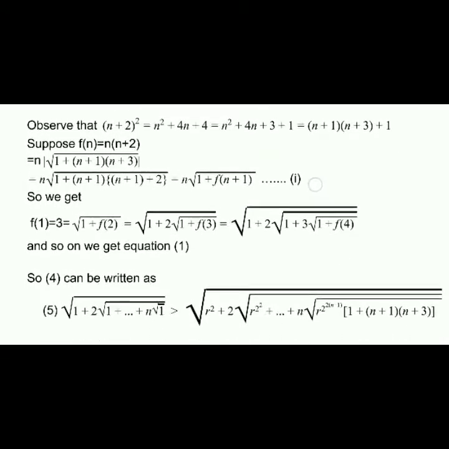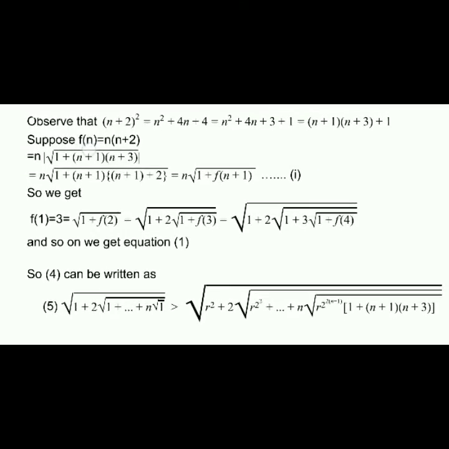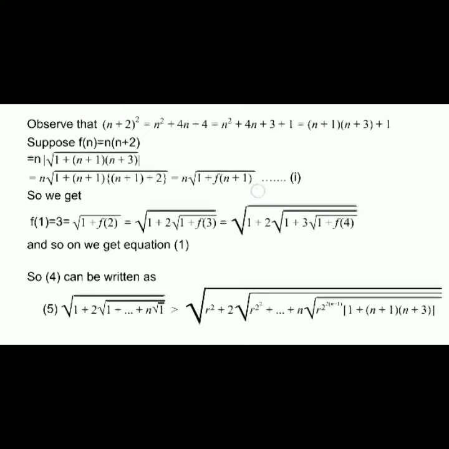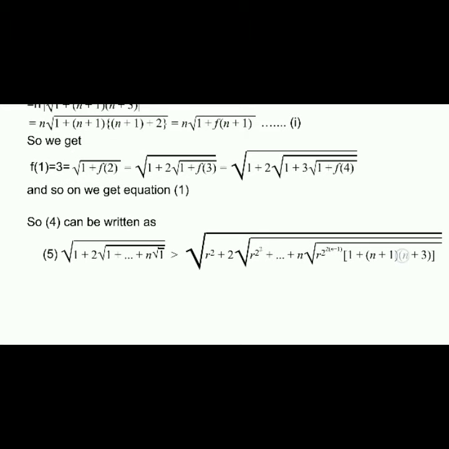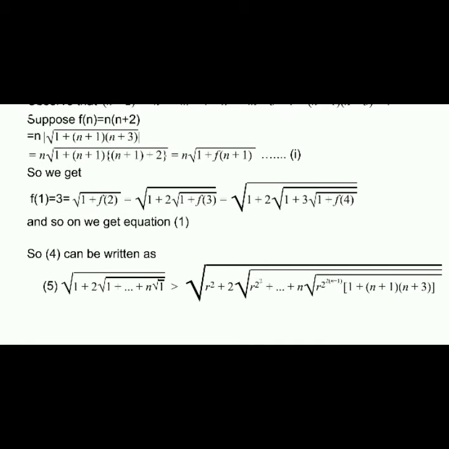So we get equation 1, that is f(n) equals n(n+2), which is equal to n times root over 1 + f(n+1).